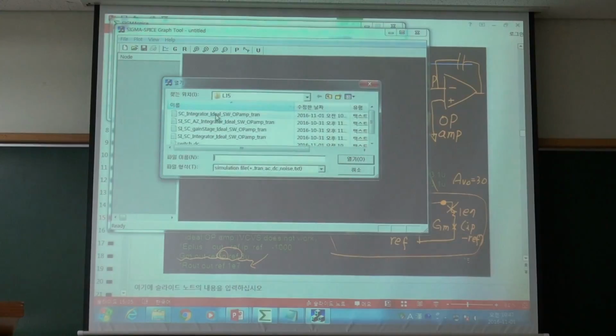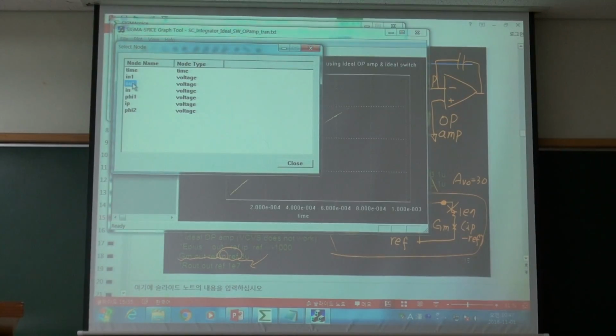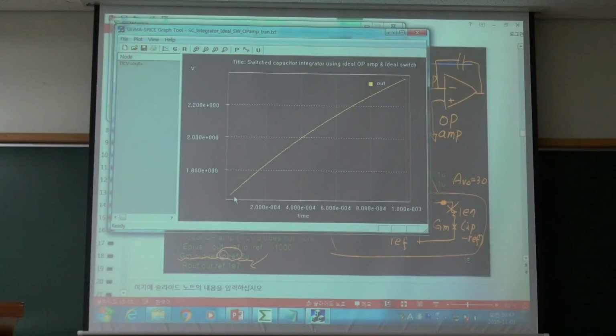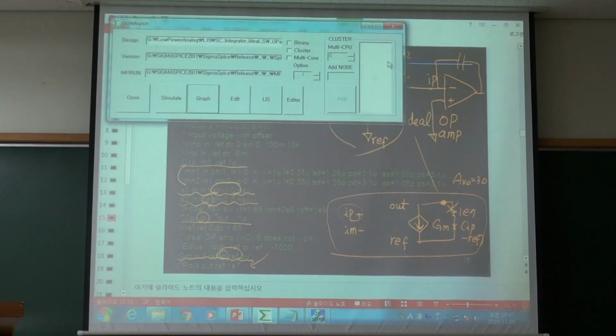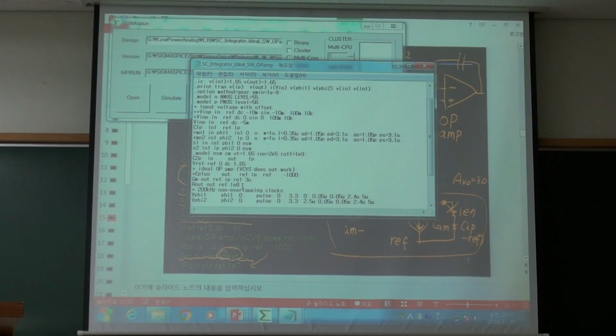Then let's see. Where's my out? So there is the straight line, it becomes a little, there is some droop, right? If I reduce the DC gain, say to 30, you can see significant deviation.